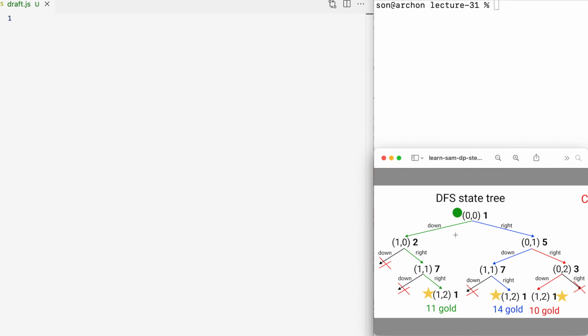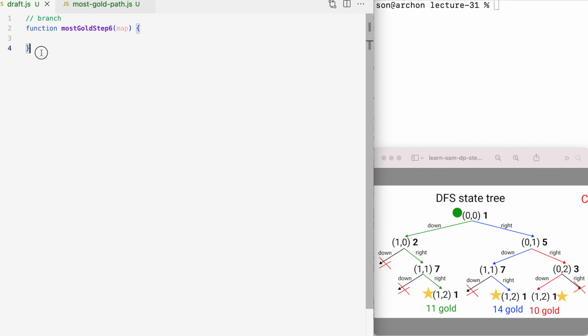Now let's translate this tree into code. First, we're gonna have the wrapper function. Second, always name your recursive function a depth function to emphasize the role of depth in DP. Next, at each state, we have 2 choices, and we know that the number of choices equals the number of recursive calls.